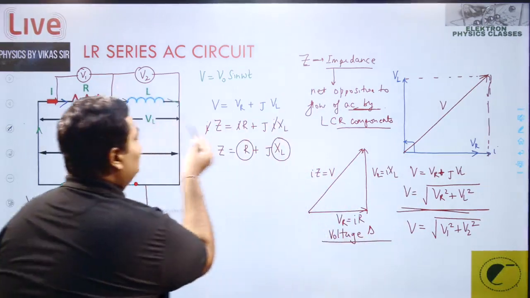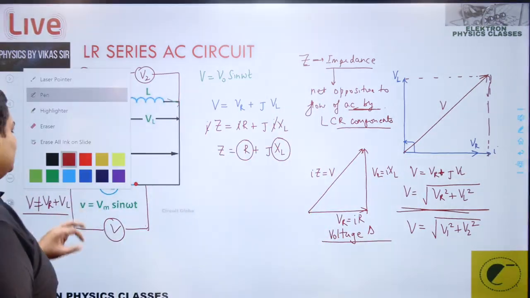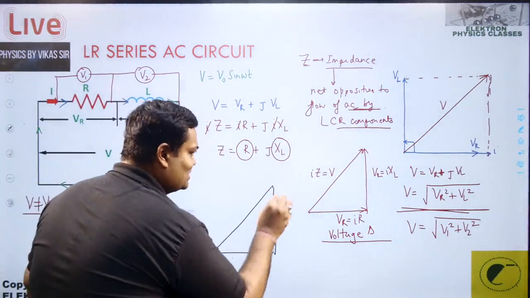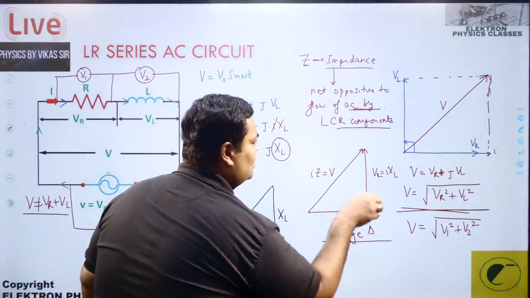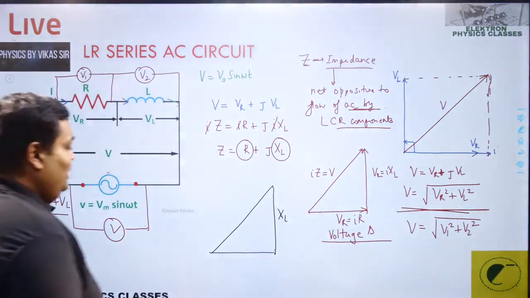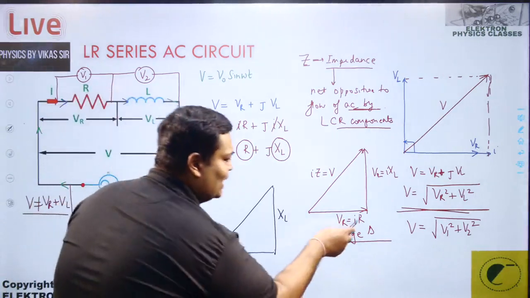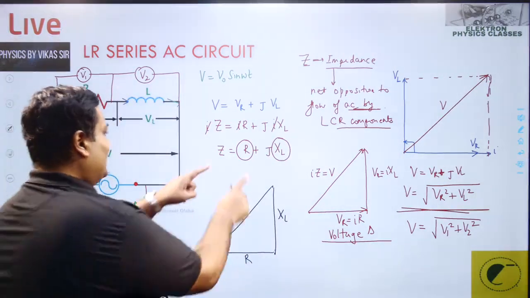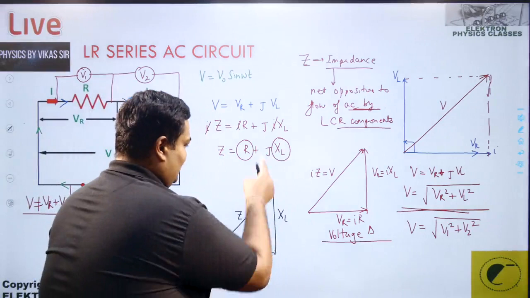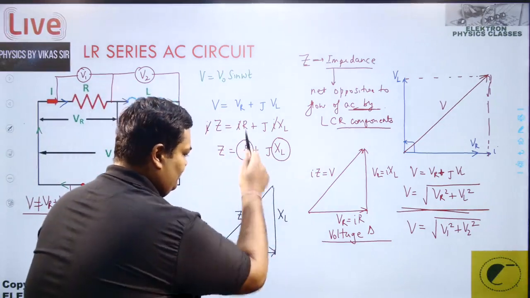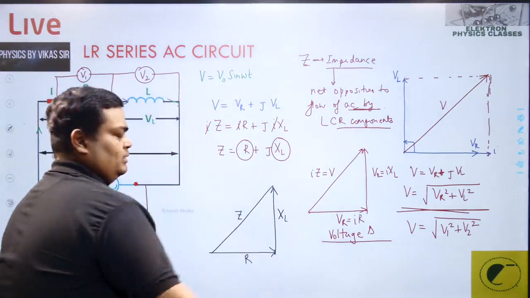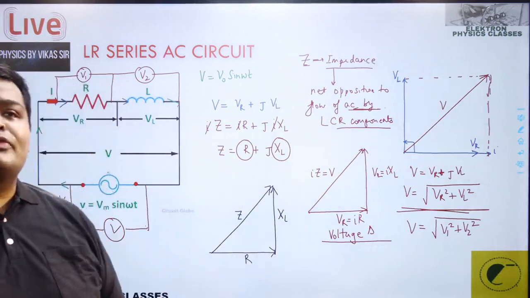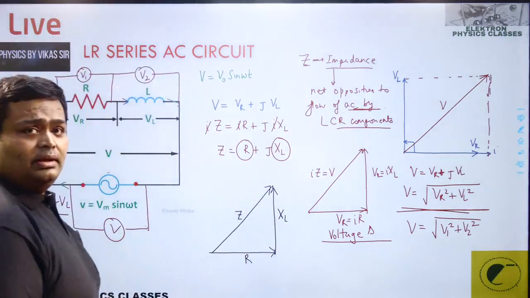तो I उड़ा दो दिया, तो बचा क्या सर? ट्राइंगल तो रह गया, पर इस तरफ अब हम XL लिख लेते, करंट उड़ा दिया हमने, करंट तो सर सेम ही है. इधर R रख लिया, IR का R रख लिया, इधर IZ का Z रख लिया. ये कैरेक्टर है सर, देखो R प्लस jXL, सही है कि नहीं? 90 आगे प्लस jXL, and this is a resultant, that is Z. अब एरो मत बनाओ, क्योंकि वेक्टर तो बोल नहीं रहे ना, फेजर बोल रहे हैं, बना लो, कोई गलती तो है नहीं.